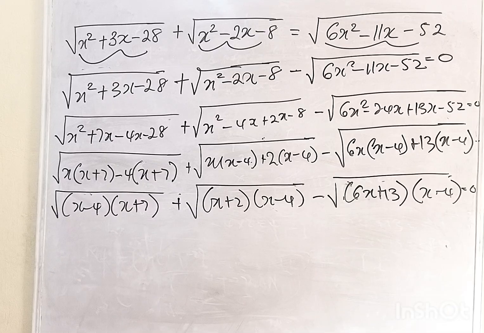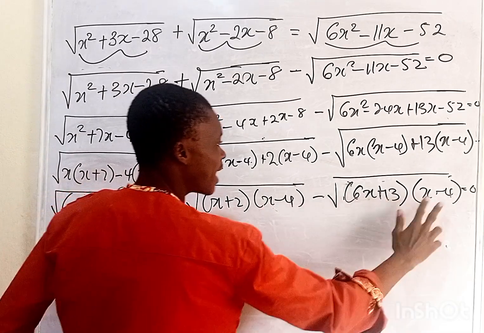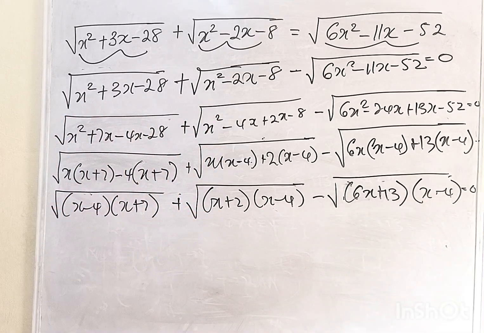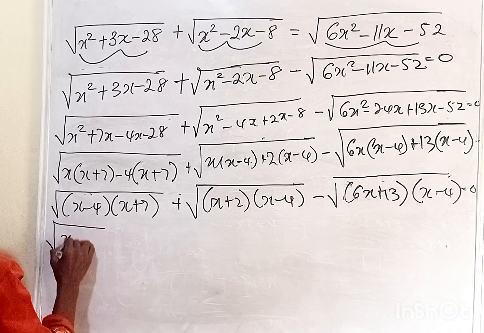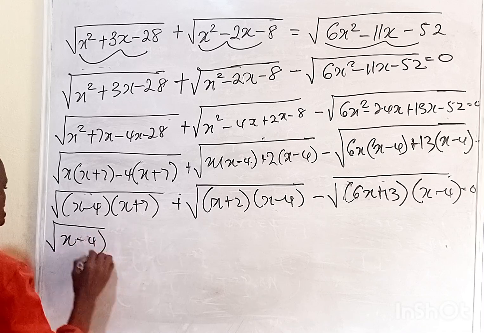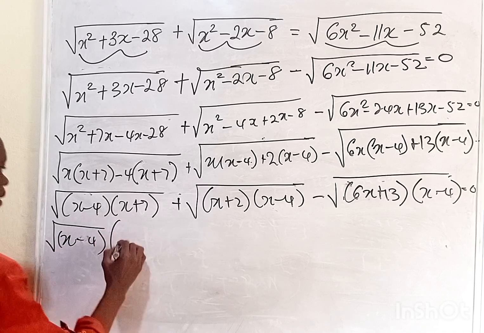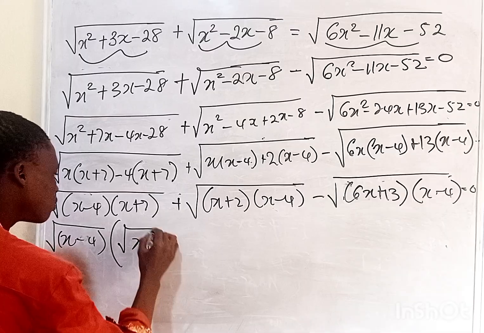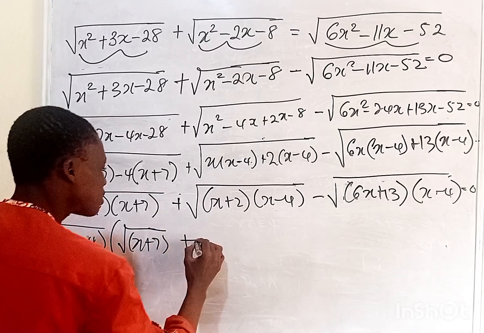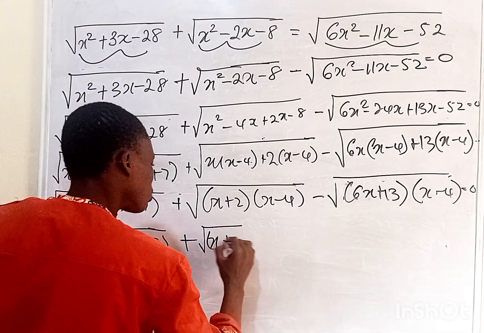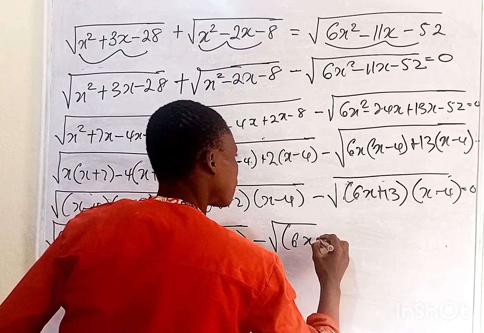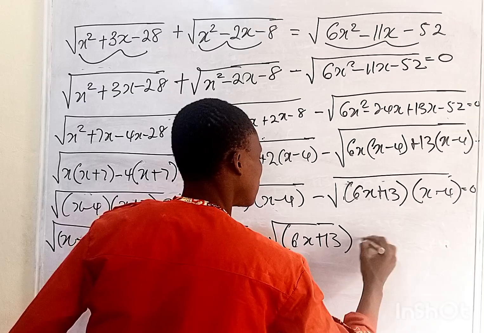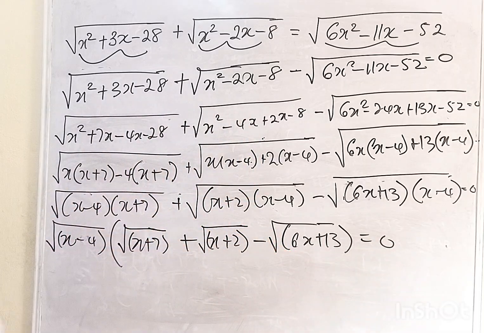Right, so clearly, what can you see? We have x − 4, x − 4, x − 4. So we have a common term there that we can factorize out. If we factorize √(x − 4) outside, we have the square root of x + 7 remaining, plus the square root of x + 2 remaining, minus the square root of 6x + 13 remaining, equals 0.